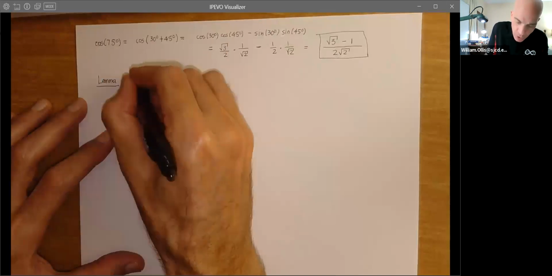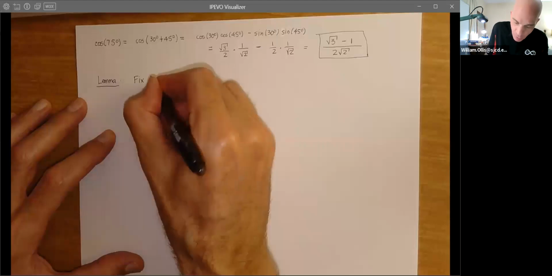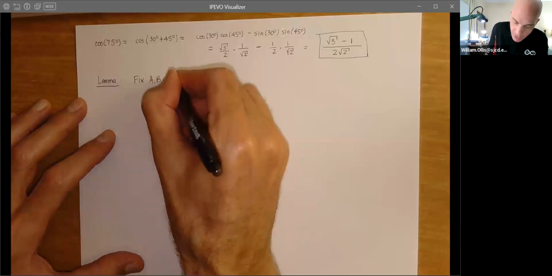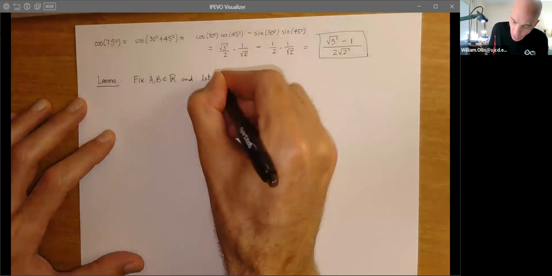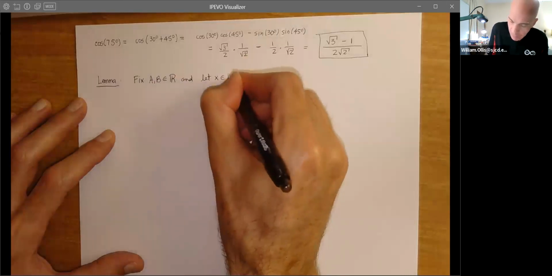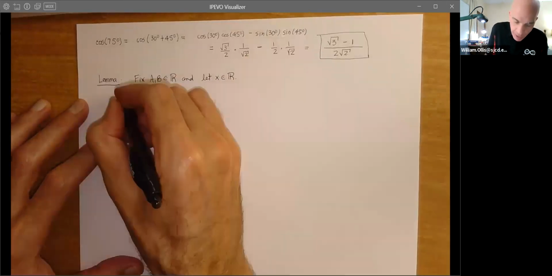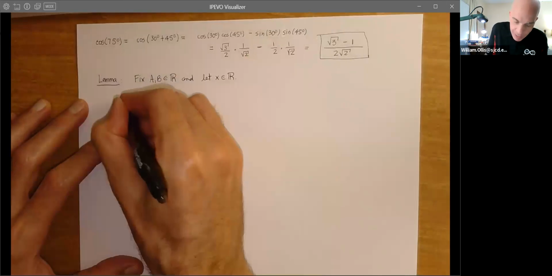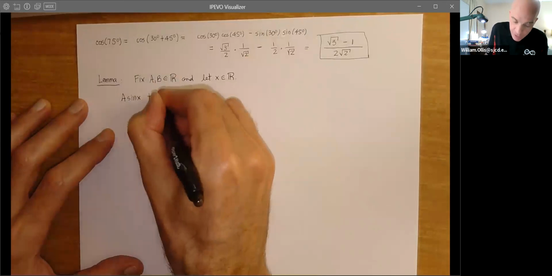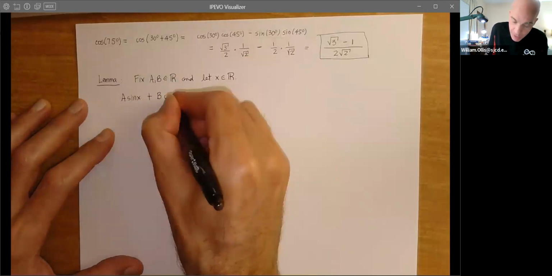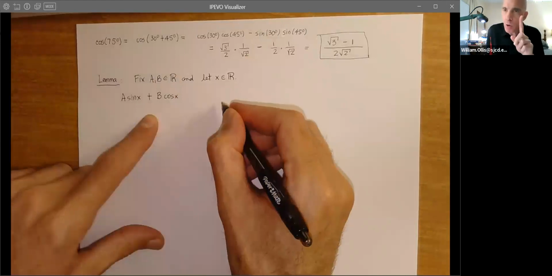So what we want to do is fix A and B as real numbers. They're going to be coefficients. And we'll just let X be a real number, arbitrary. So the idea is that if we have some coefficient A times sine of X, and some coefficient B times the cosine of X, it would be nice to be able to write this as one function.